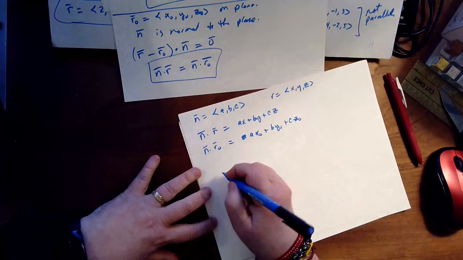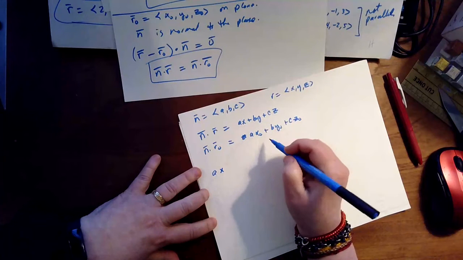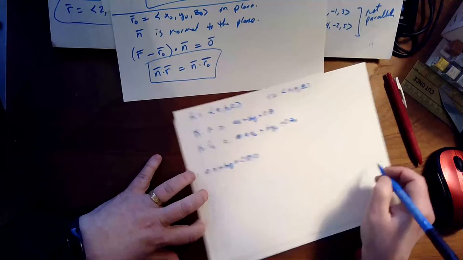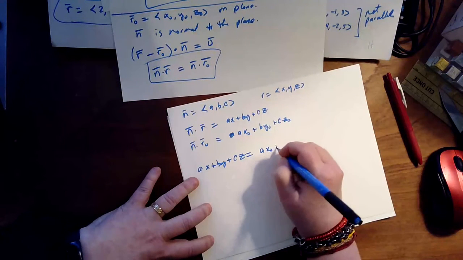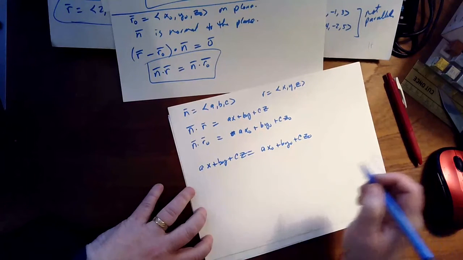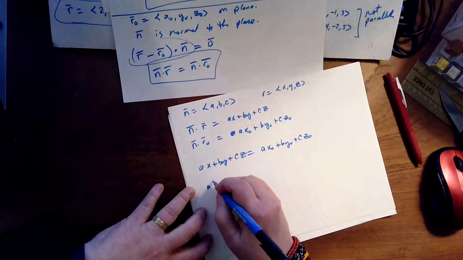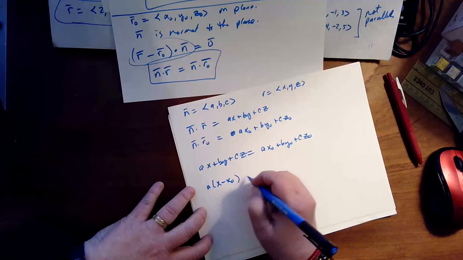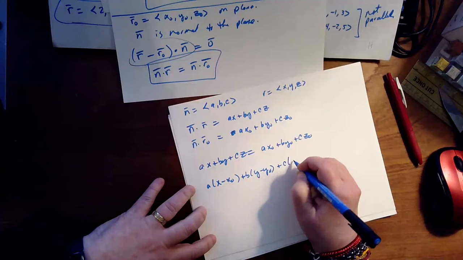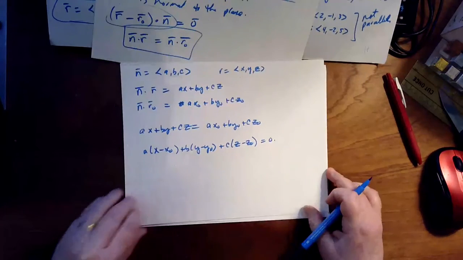So we have Ax plus By plus Cz is equal to Ax naught plus By naught plus Cz naught, which we could actually simplify or go back to this original one up here and say I have A times (x minus x naught) plus B times (y minus y naught) plus C times (z minus z naught). My voice is getting very sing-songy, I apologize. That would be the equation for the plane.